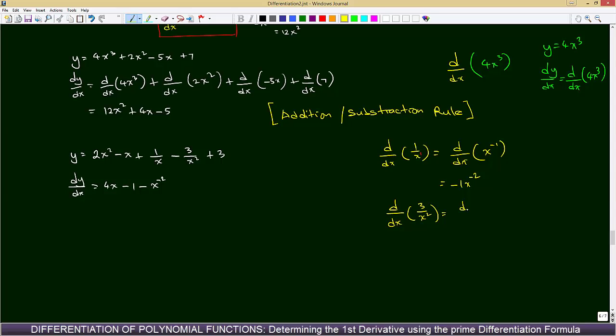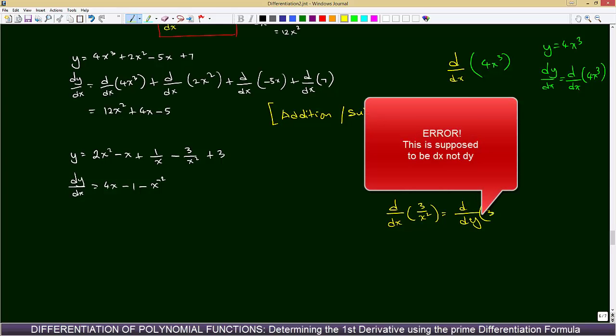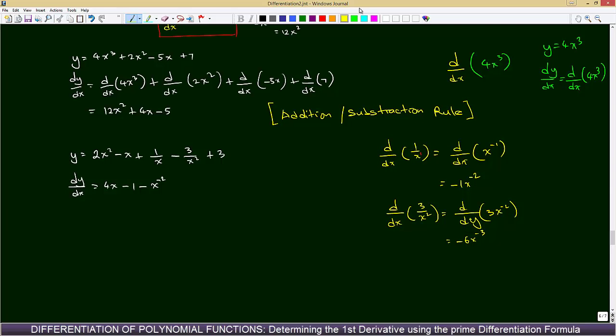That is equal to 3 times minus 2 x to the power of minus 3, which is minus 6x to the power of minus 3. Okay, and we can make it nicer.